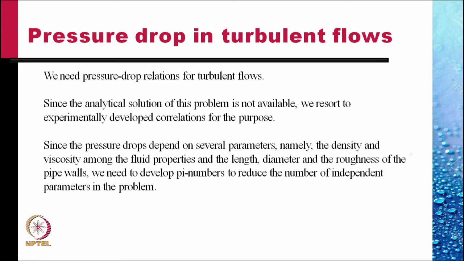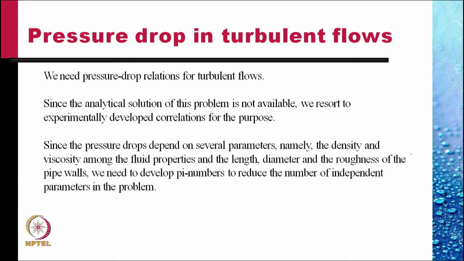This is for laminar flows, but laminar flows are few. So we need pressure drop relations for turbulent flows. Since an analytical solution for this problem is not available, we resort to experimentally developed correlations.